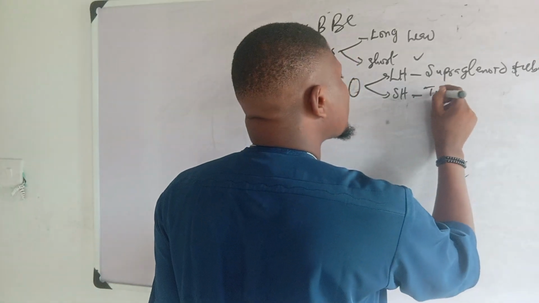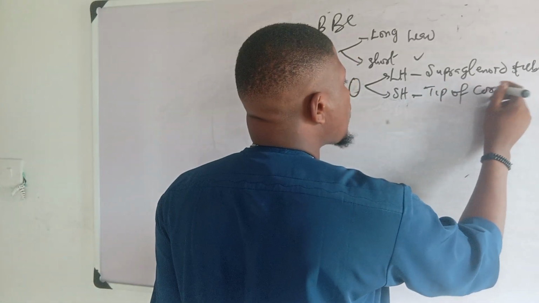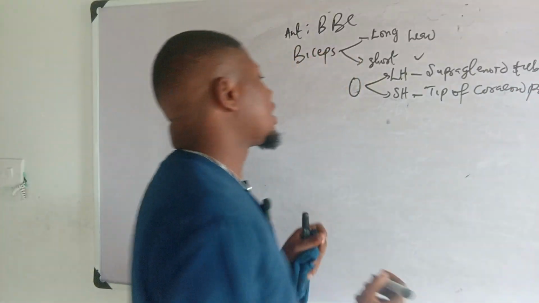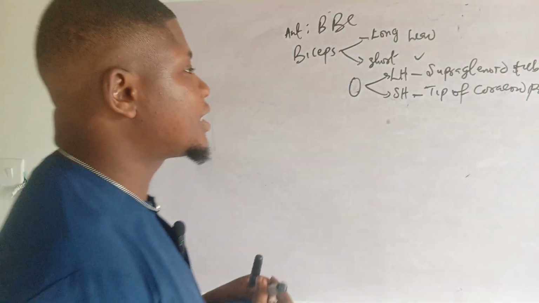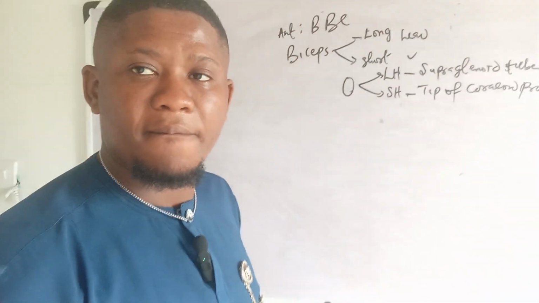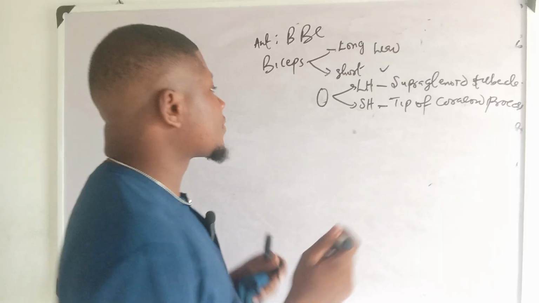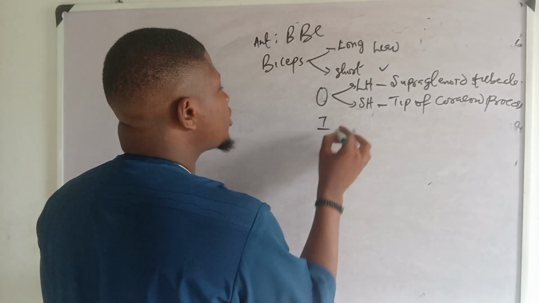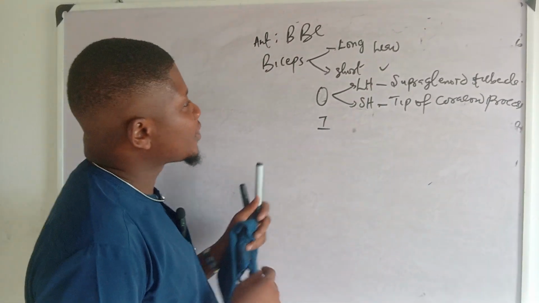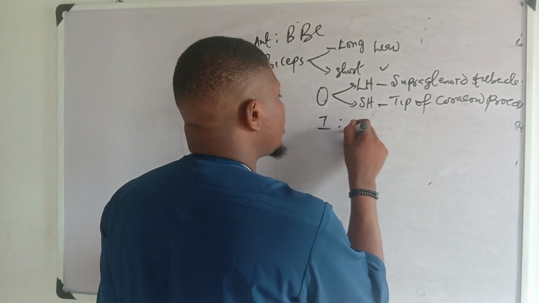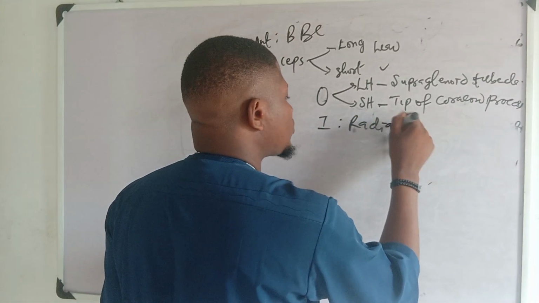Then the short head originates from the tip of the coracoid process. Remember the three muscles from the coracoid process, BCP. Then for insertion, these two heads unite to form a common tendon, which inserts at the radial tuberosity.